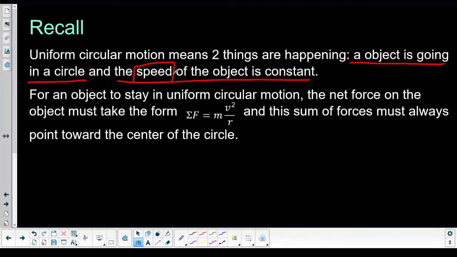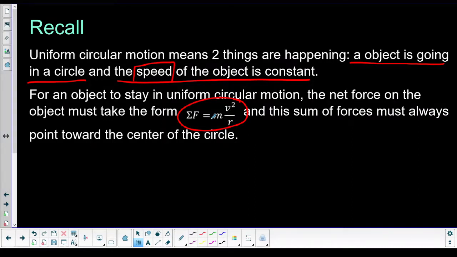Keeping in mind these two properties of uniform circular motion, we also need to remember a general equation. For objects to stay in uniform circular motion, the net force on the object must take the form mv squared over r. If it doesn't follow this formula, and not a lot of things have to, they could weigh more, they could go faster, and they could have a different radius, or the force could just be a different number. That will make it not uniform circular motion anymore.